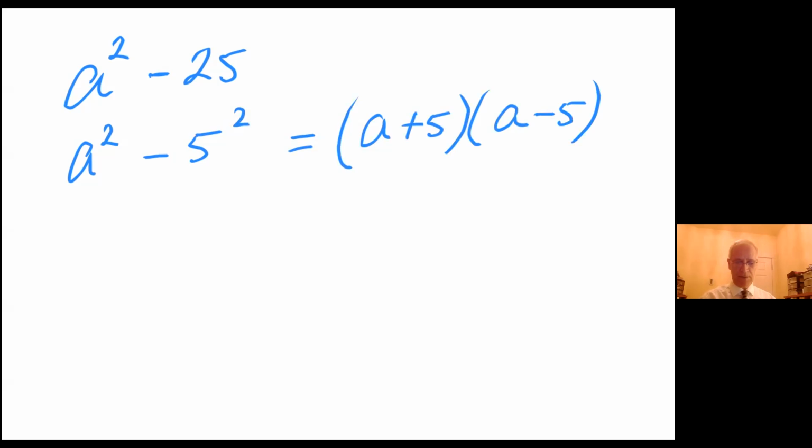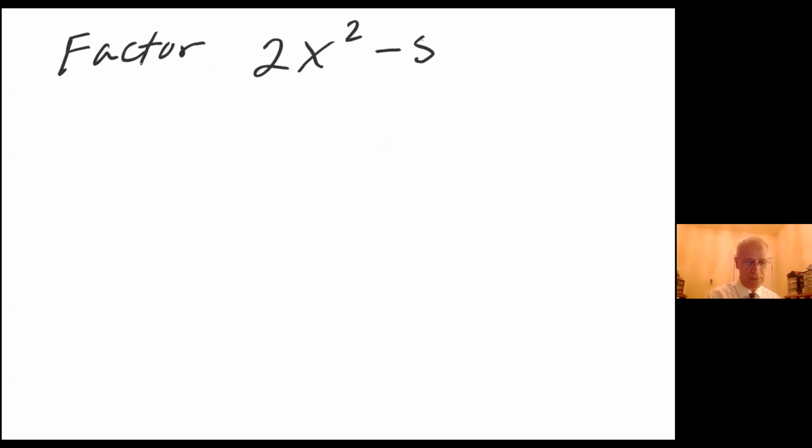Now, sometimes it so happens that there's a greatest common factor between the two terms that we need to pull out first. Here's an example. Suppose I have 2x to the second minus 50. Notice that there's a factor of 2 in both of them.